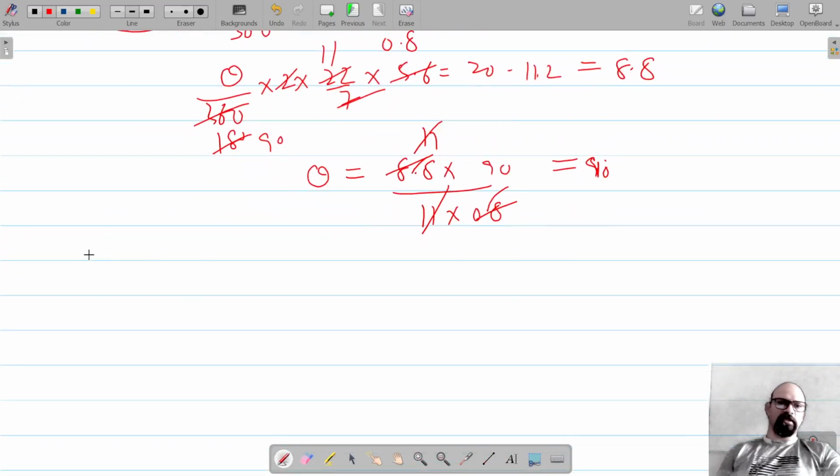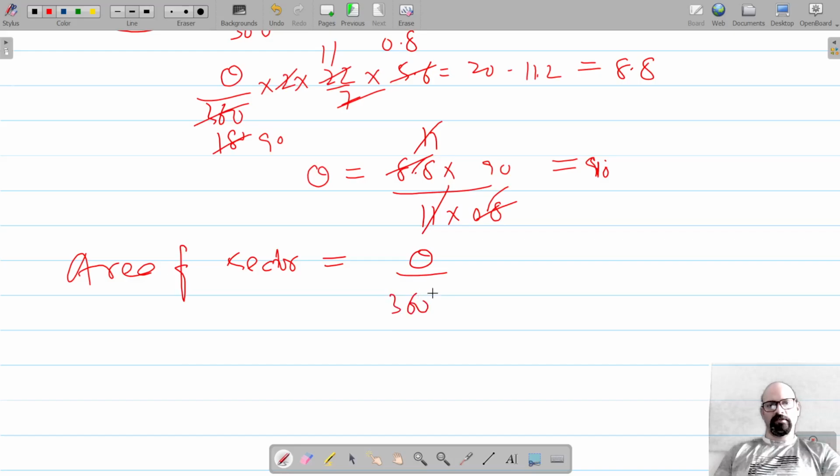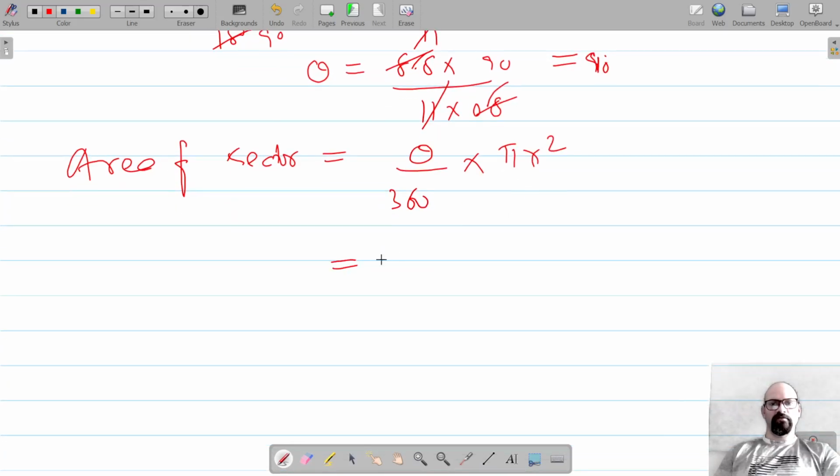Now we have to find its area. The area of the corresponding sector with the angle 90 is theta by 360 into pi r square. So theta is 90 by 360 into 22 by 7 into 5.6 into 5.6.